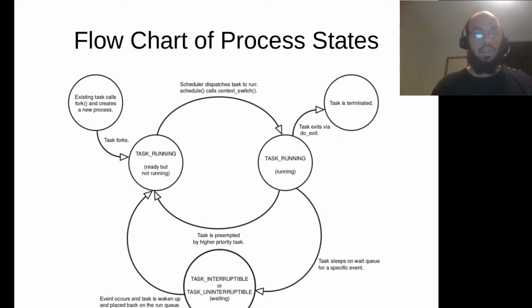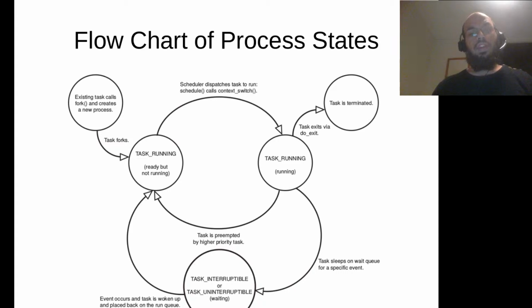So you have some number of tasks waiting to be scheduled on the processor. Once the scheduler dispatches one of the tasks to run, by calling context_switch, a function you can search for in your Linux kernel code, you move to a running state.